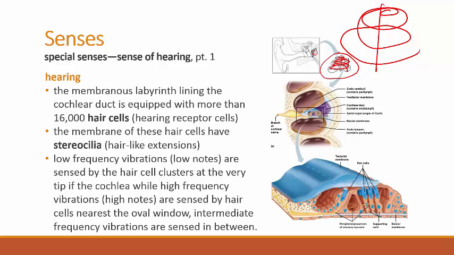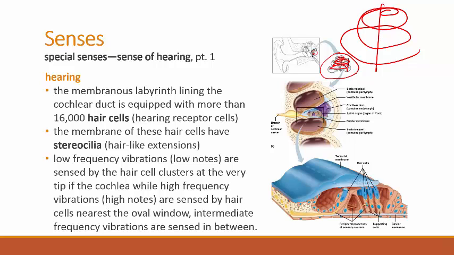The space within the cochlear duct is lined with membrane that has hair cells on it, and these hair cells are the hearing receptor cells. And there's about 16,000 of these hearing receptor cells.